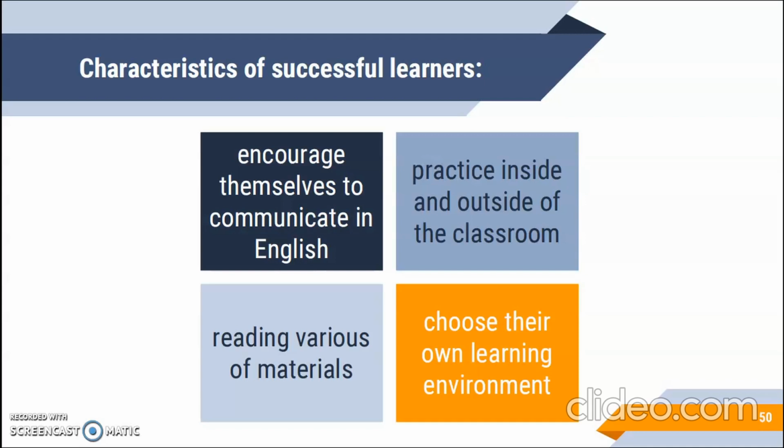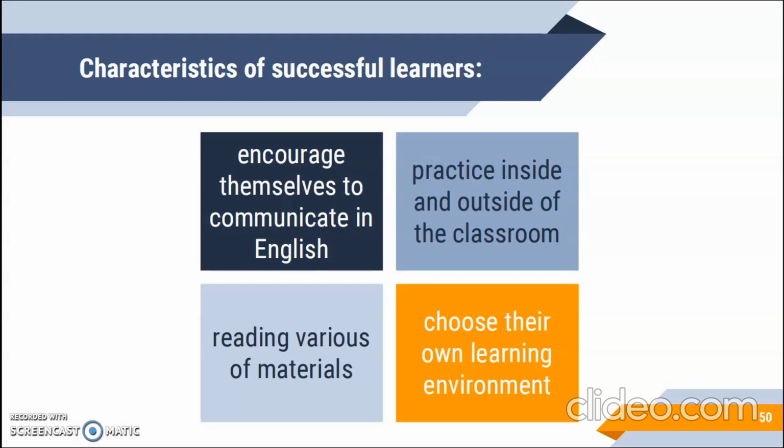By practicing more outside of the classroom, the learners will be able to improve themselves in communicative skills as well as pronunciation. Okay, number 3, reading various materials. Learners should not depend solely on one source.